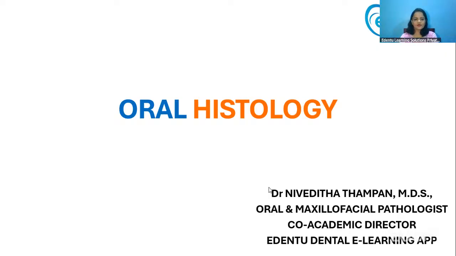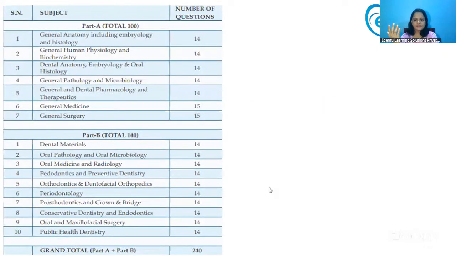Now let's have a look at the weightage of the topics for dental anatomy and oral histology. Dental anatomy, embryology, and oral histology carry an average of 14 questions for your NEET MDS examination.